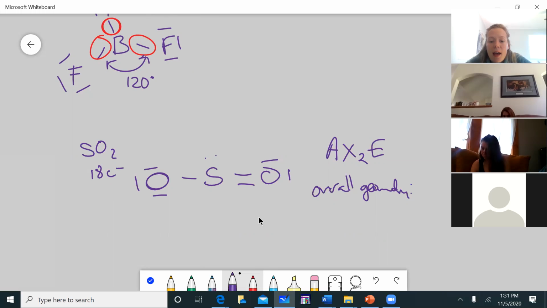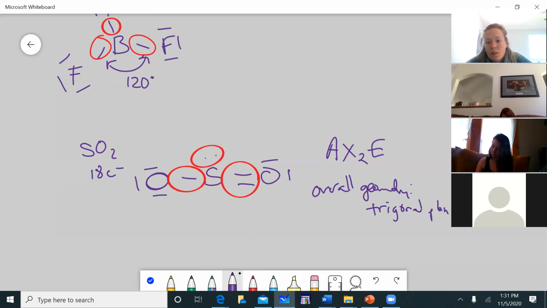So in this case, I have 1, 2, 3 electron groups. All right, so overall geometry will be trigonal planar. Because 3 electron groups are going to make the pizza with 3 slices.